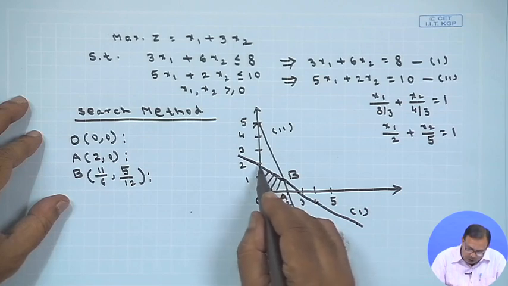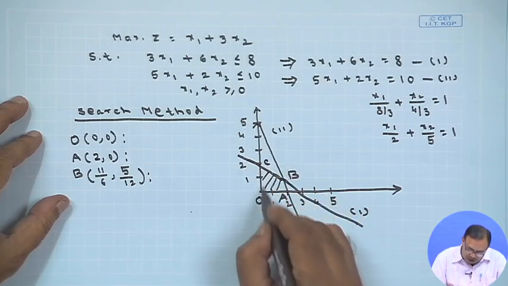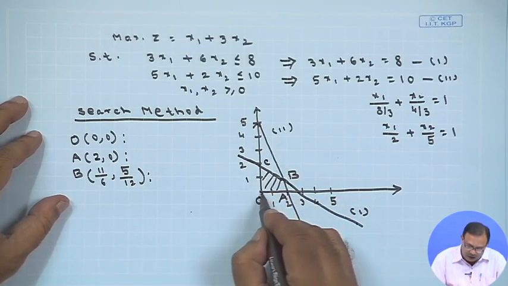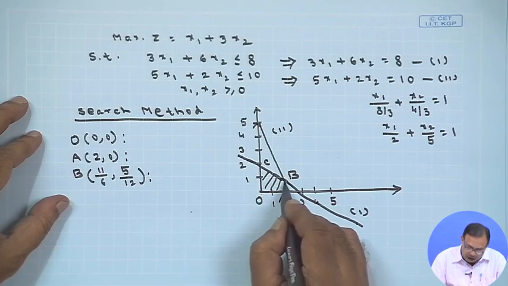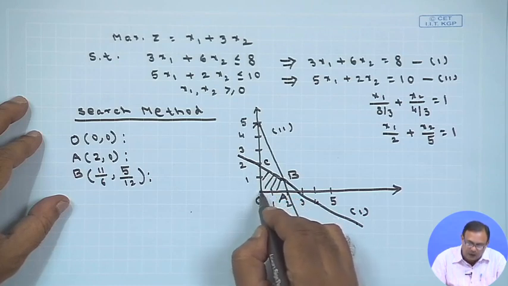And the last point is this one, because this is the feasible region. From 0 I am going like this, then from here and coming back to this.